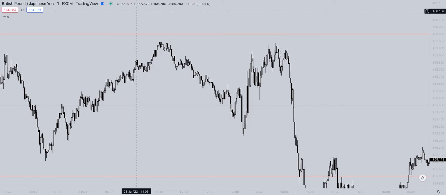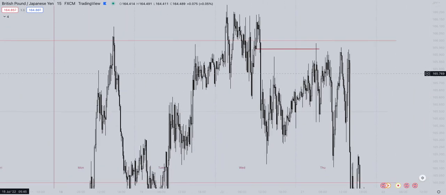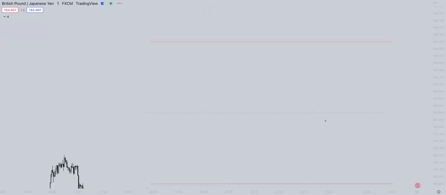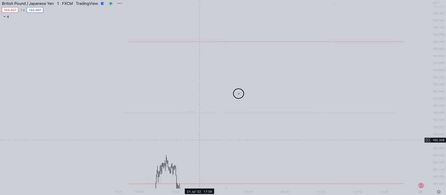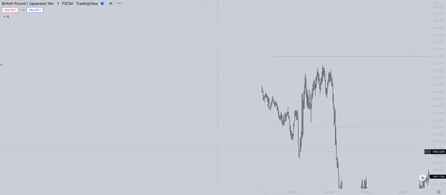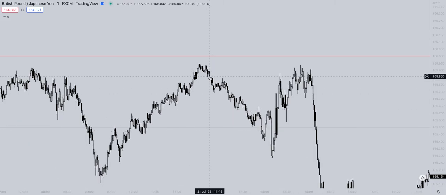As I said, I had my bias from the peak formation being locked in from the higher time frame, so I was just waiting for price to come back up into this area, and then we're just watching the clock. Just think about it logically.